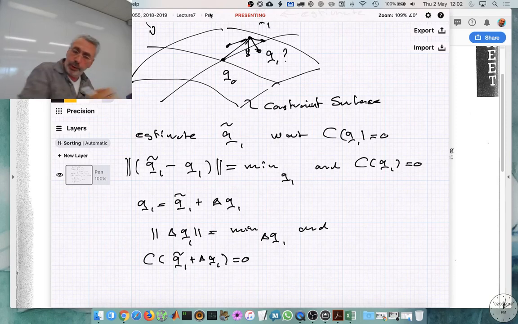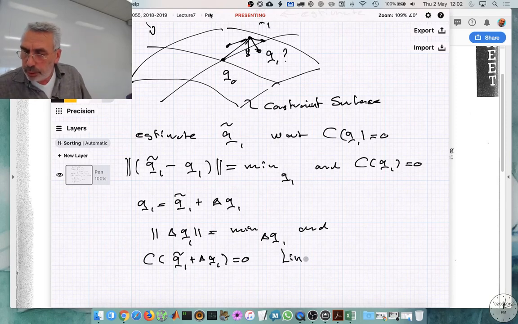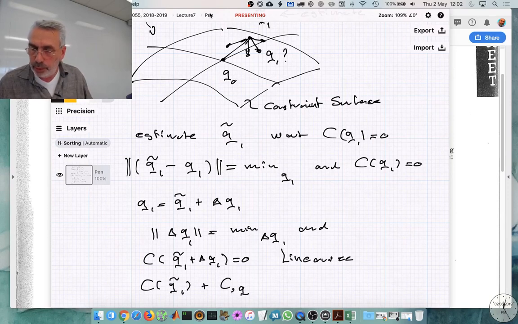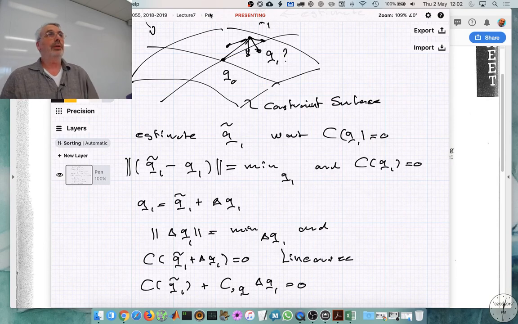So we linearize our constraint. If we linearize, we get C of Q of the solution plus C comma Q, the Jacobian, times this delta Q1 is 0. So that is our constraint equation.